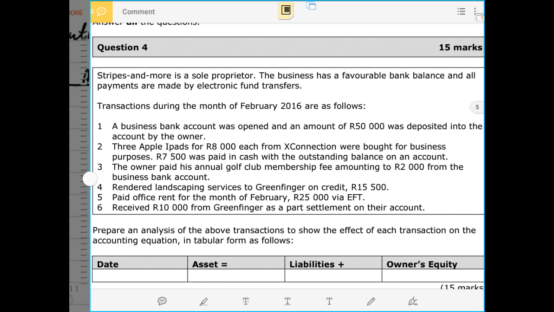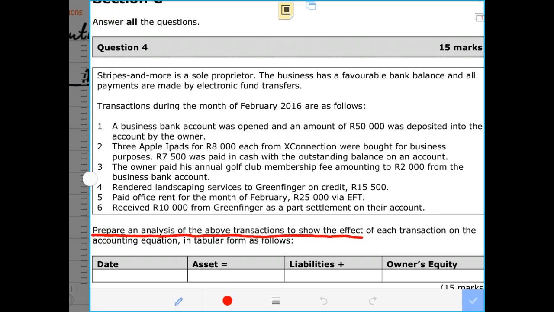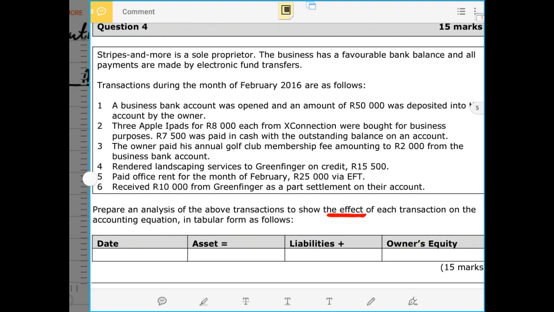So now these are the transactions that were required of us to do, and the requirement says to prepare an analysis of the above transactions to show the effect. Take note, it says to show the effect of each transaction on the accounting equation in a tabular form as shown below. So now we are already given the table on how the accounting equation should be.